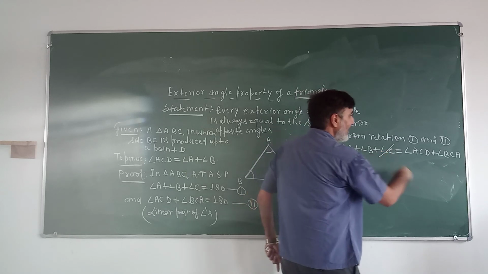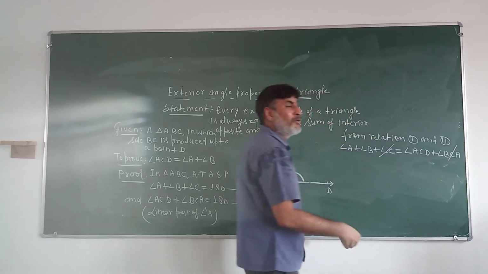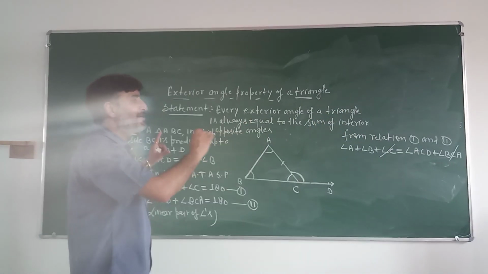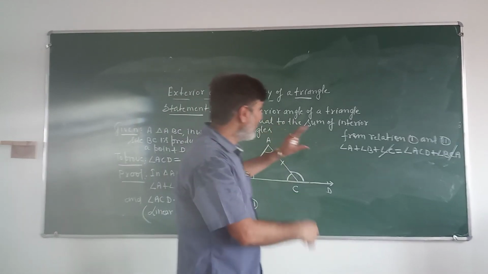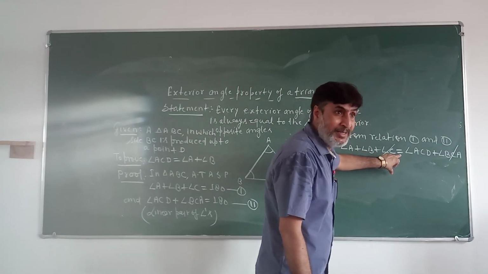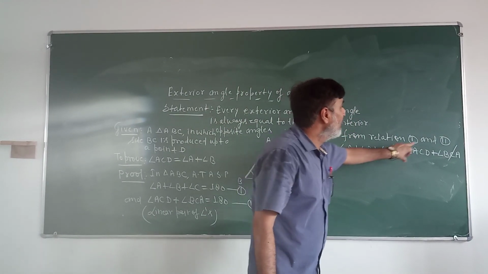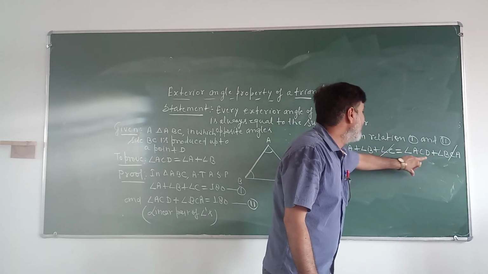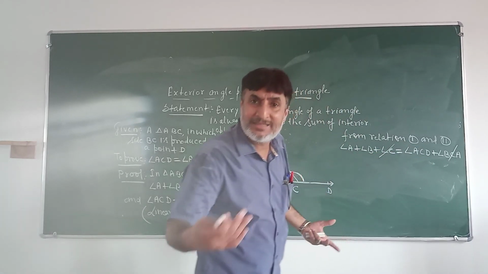Angle C and angle ACB both are the same angles, are in opposite side of this sign of equality. One in left hand side, one in right hand side. Both have the same sign, both are the same angles.